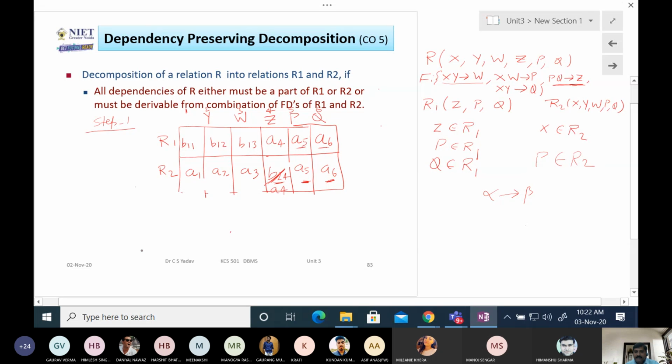Yes sir, for these two rows the left-hand sides are equal, so we replace B values with A values. For this FD we have A4, so B24 is replaced by A4. Now this row contains all A's, so this decomposition is a lossless decomposition.